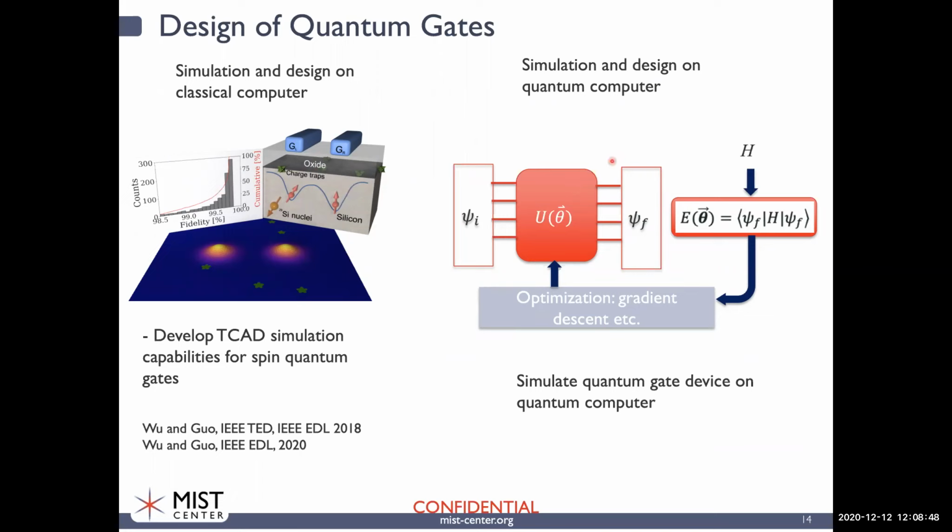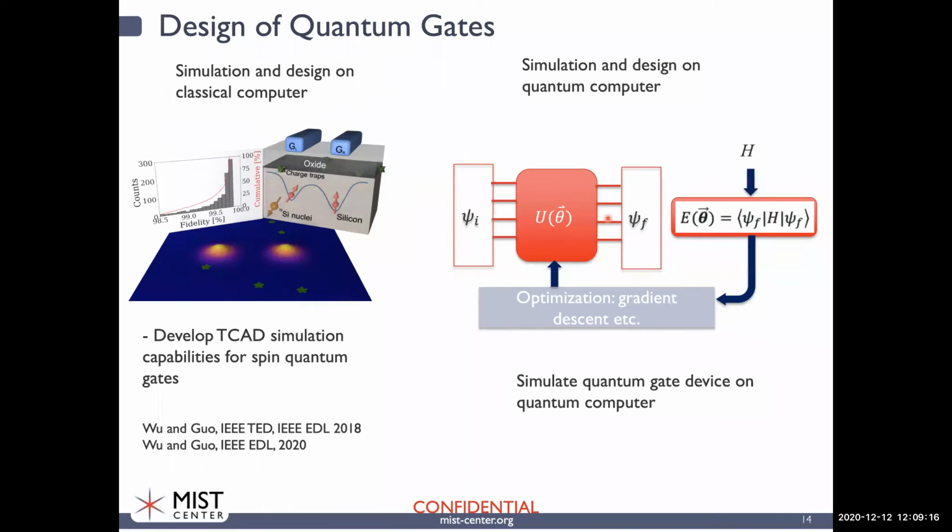And on the right side, what you see is the concept of using a quantum computer to simulate spin qubits or other quantum gates. This is based on the fact that recent quantum computers can already operate, but the spin coherence time or other coherence time on a quantum computer is relatively short.